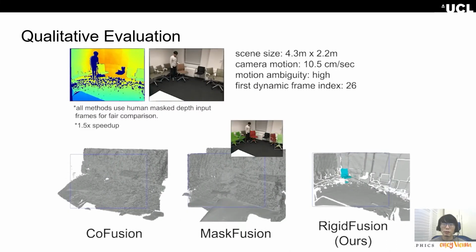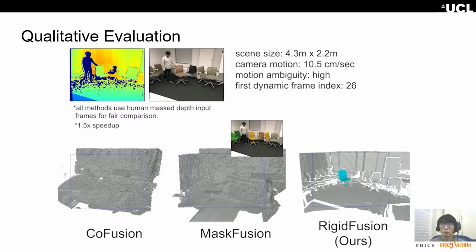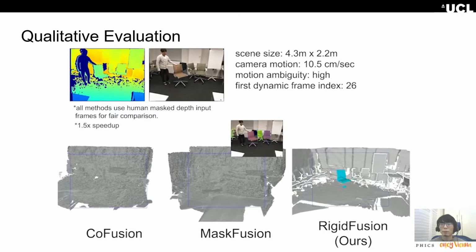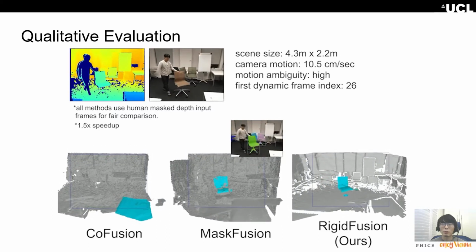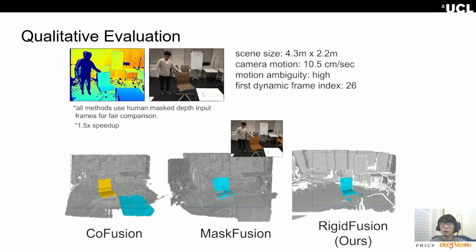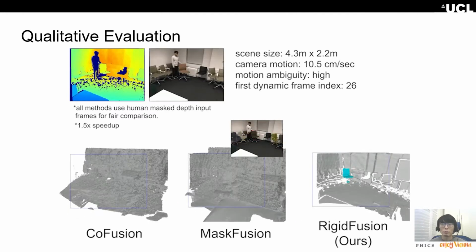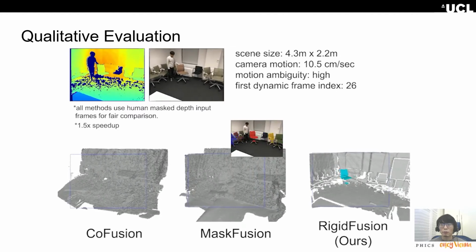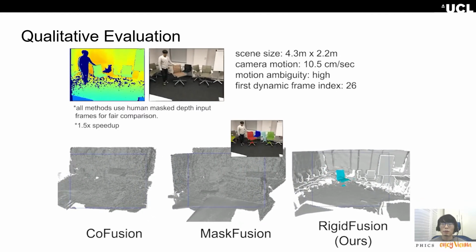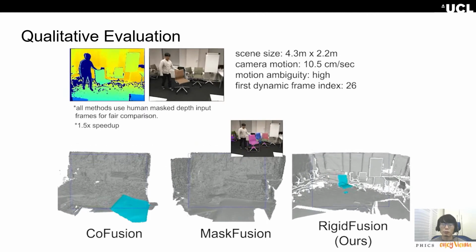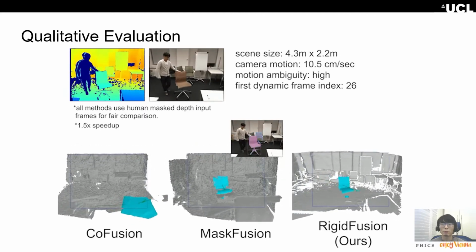The third example has higher motion ambiguity, and contains many objects in the scene. This becomes more challenging to Conversion and RigidFusion. As shown here, Conversion detects multiple foreground objects, and RigidFusion is struggling to find the actual dynamic object.